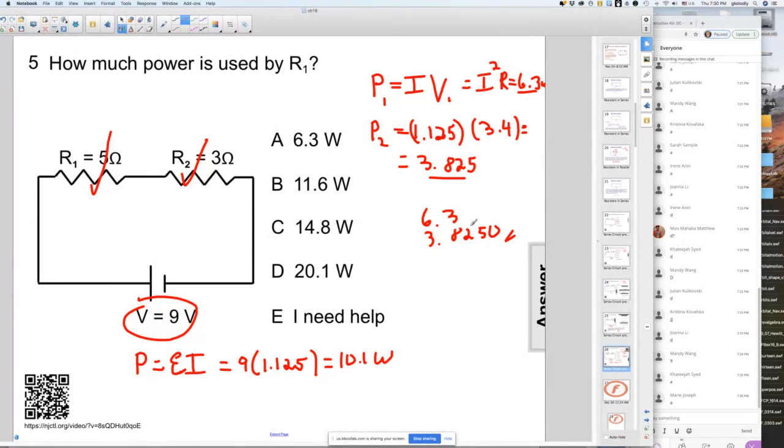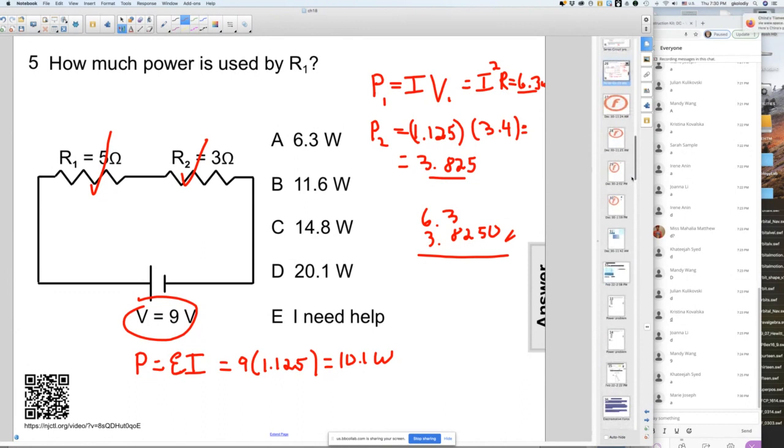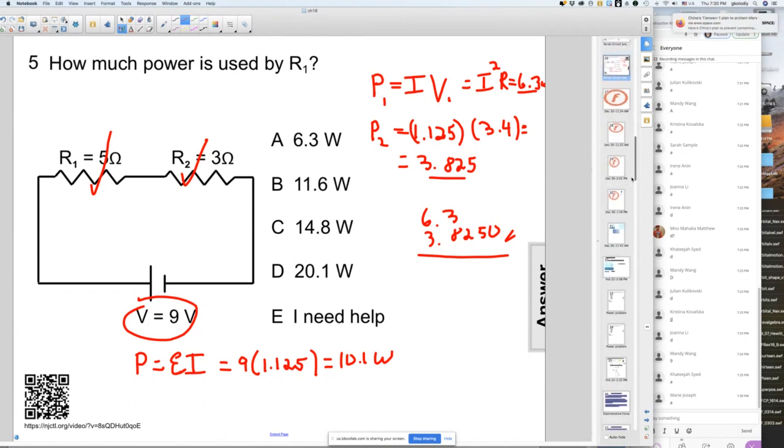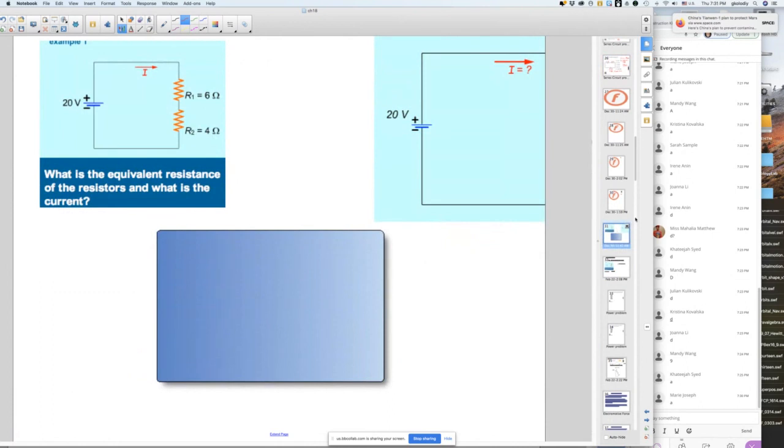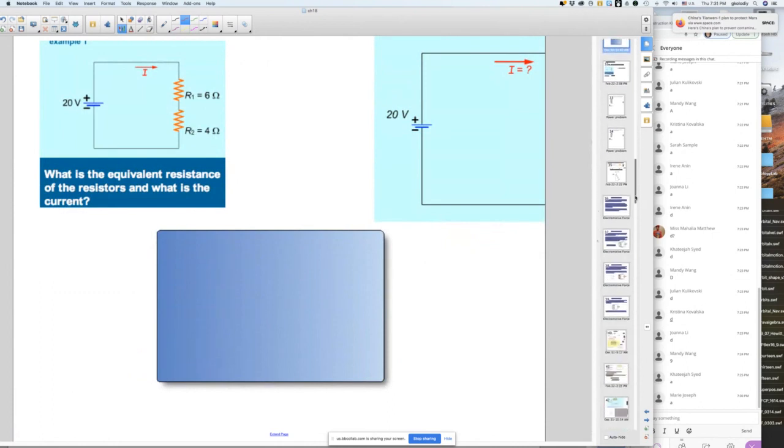I think it does. It's not going to be exact because of the decimal points that come up here. So we've done all that.